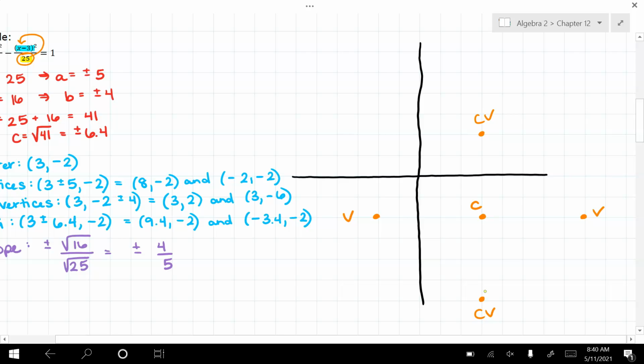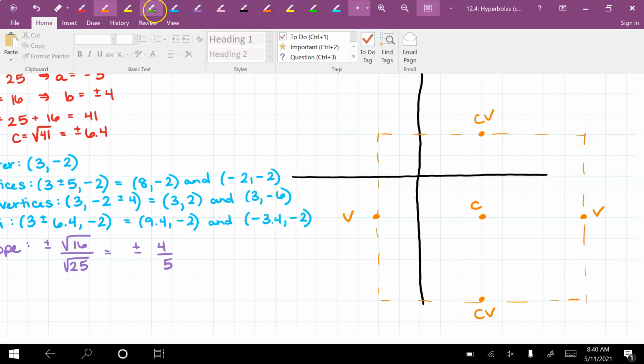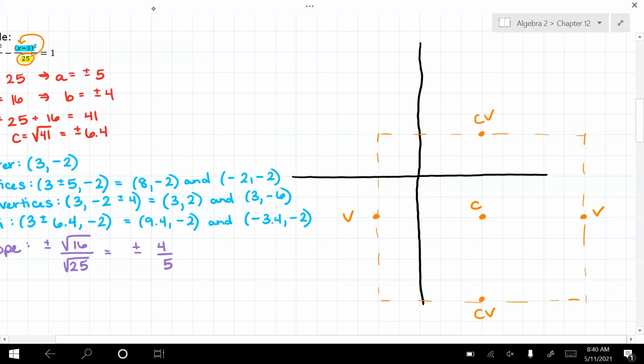Then I'm going to go ahead and draw that box in. Then I'm going to draw in those asymptotes. So this is when you want to maybe use a straight edge so you can go from corner to corner on your box. And you're going through the center.